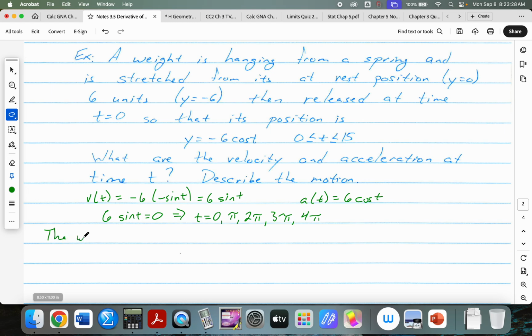So the weight starts at position y equals -6 at time t equal to 0.